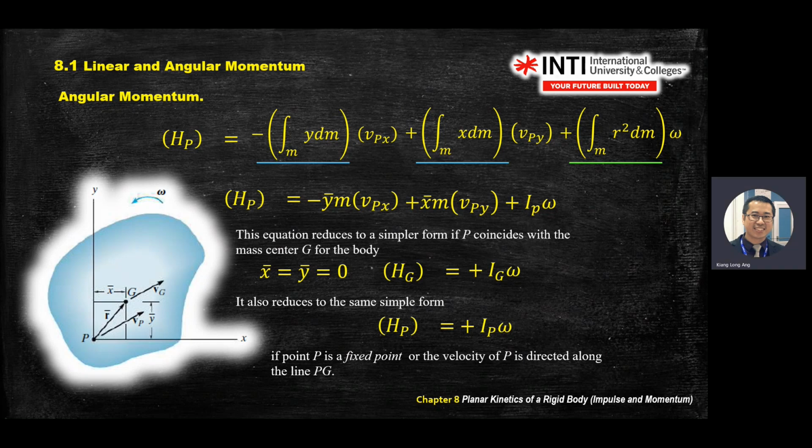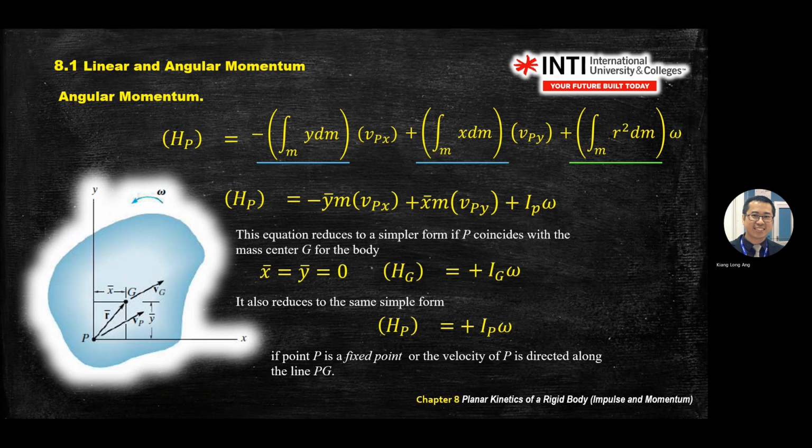So this is how you solve it. For the equation that you learn in chapter 8, this is the new equation: you take I multiplied by omega. You can use this one only when your point of interest is aligned with the center of mass. What kind of case?